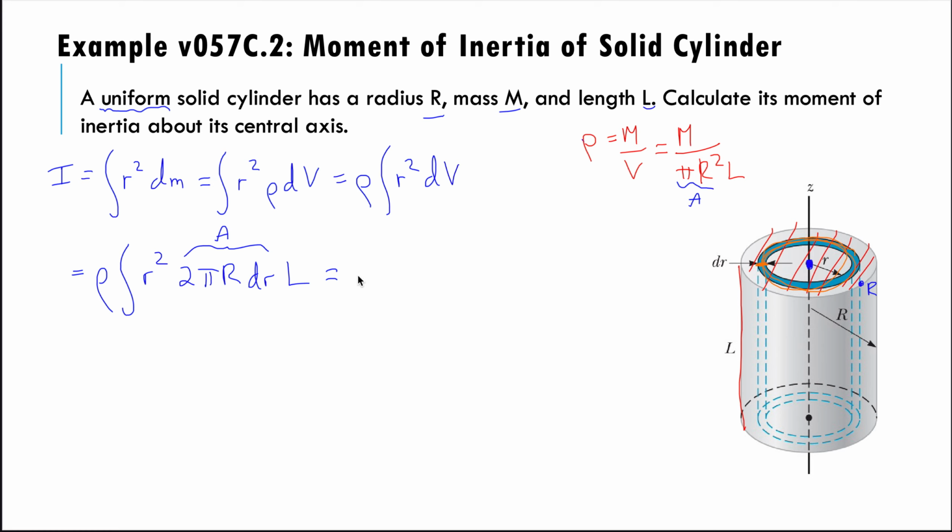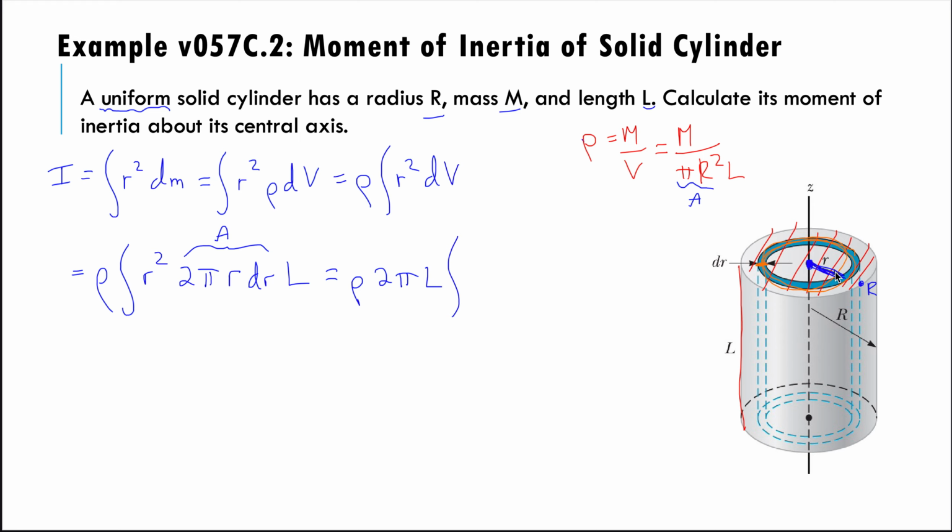Let's take out our constants. Our constants are 2 pi and L. So inside the integral, we just have r squared. Oops. I made a small mistake here. Well, it's a big mistake. The area is 2 pi r dr, so little r, right? Because the area of this shell has a radius r.